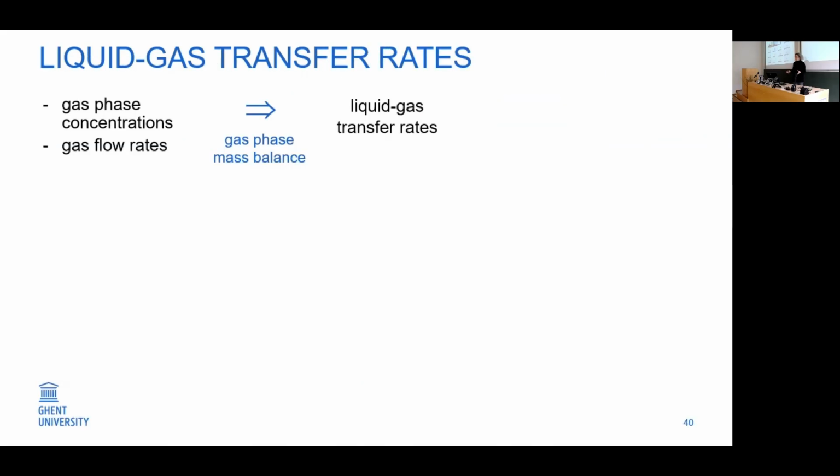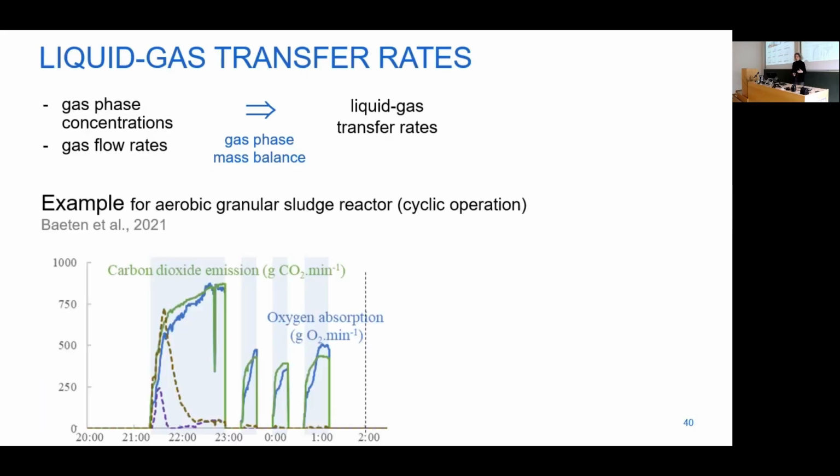If we measure the gas phase concentrations and we also measure the gas flow rates, we can make gas phase mass balances, and we can calculate liquid gas transfer rates, such as an example here for the aerobic granular sludge reactor, which is operated in a cyclic way. It's very interesting to see that the oxygen absorption increases over a cycle. Also, CO2 emission increases over the aeration phase.